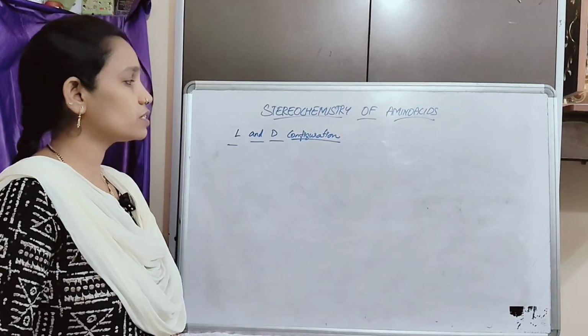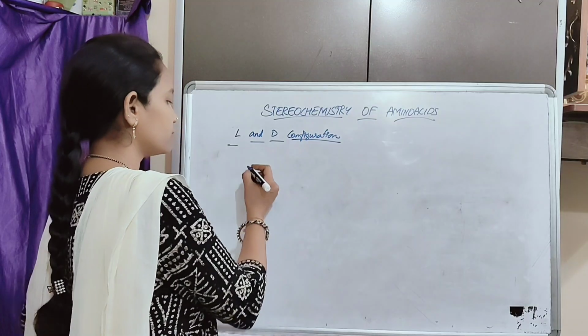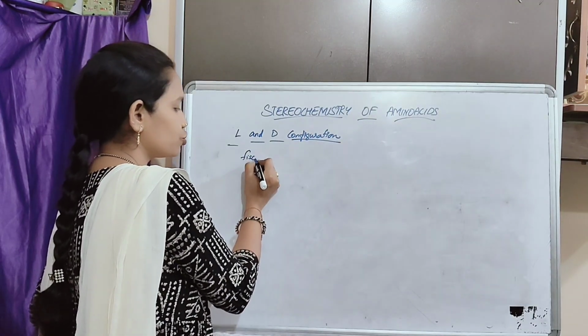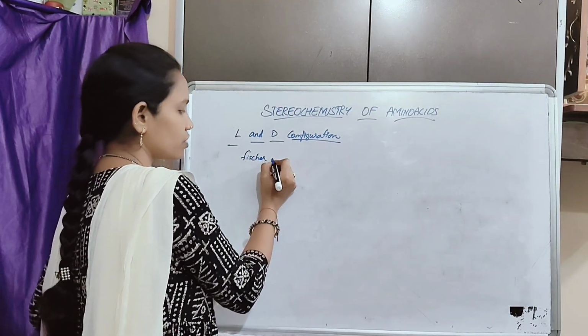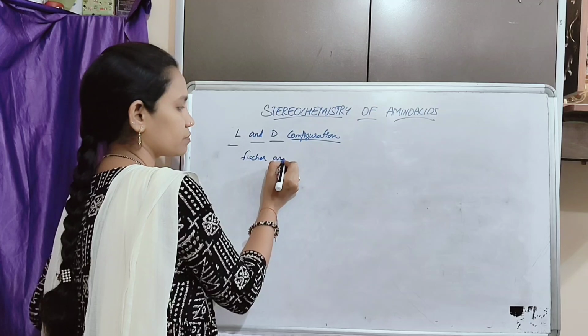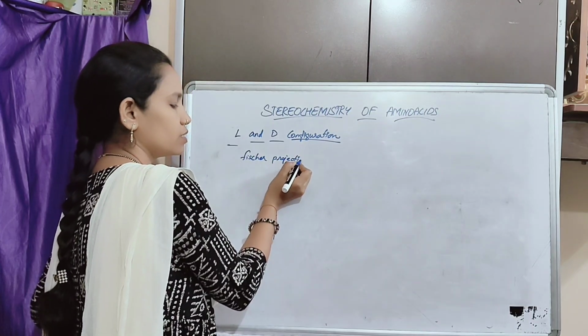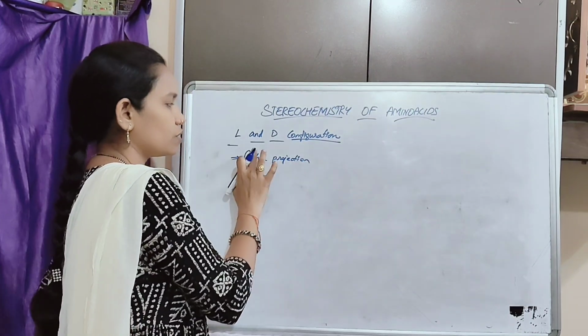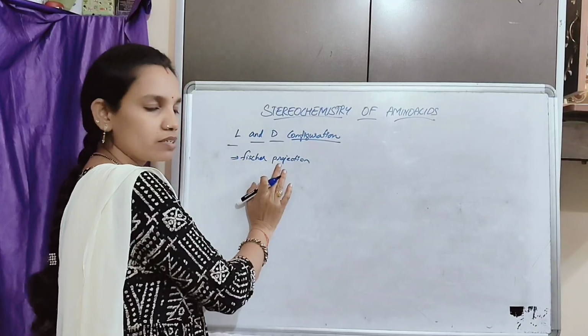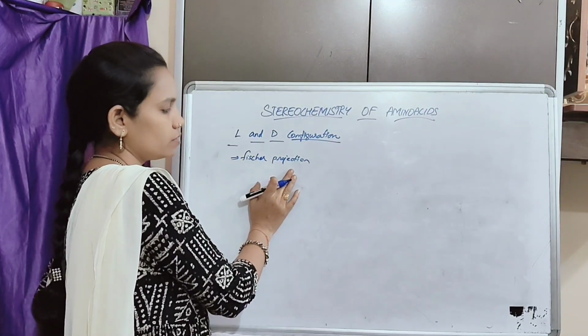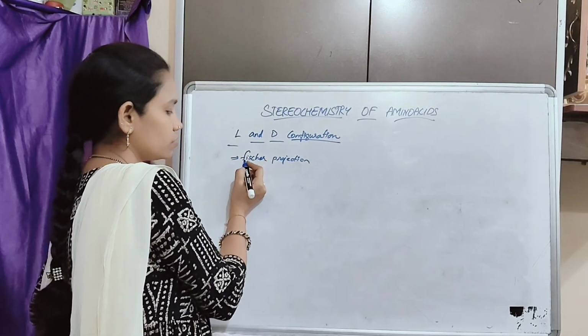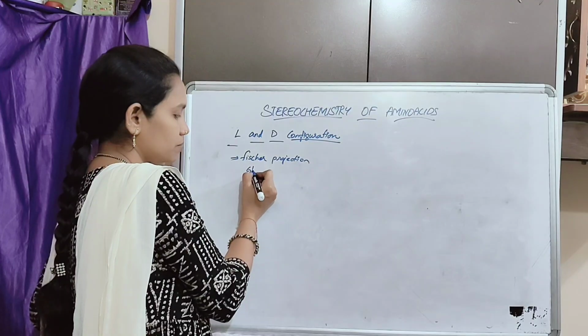Now let's go to the topic L and D configuration. Now this configuration comes from the Fischer projection. This we have already discussed, right? Fischer projection means open chain structure. Now L and D configuration comes from the Fischer projection and is based on the glyceraldehyde example, right?